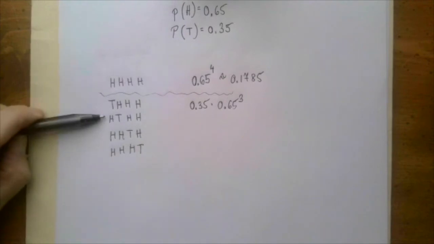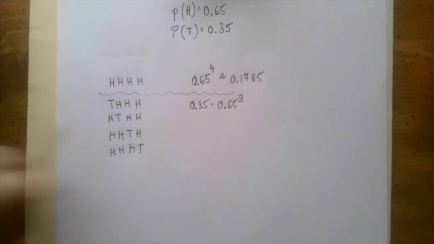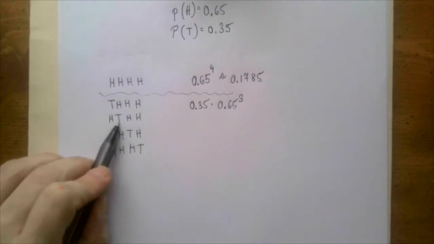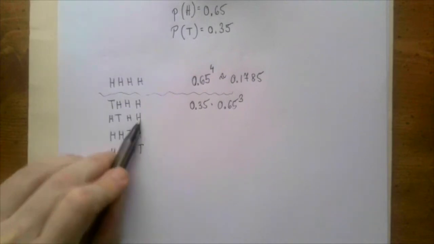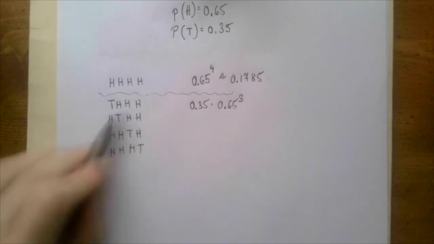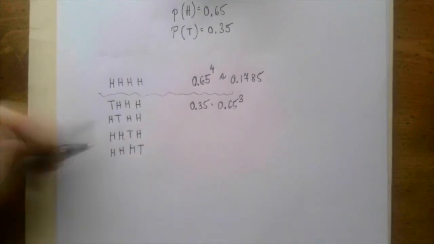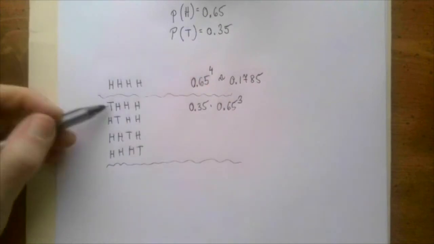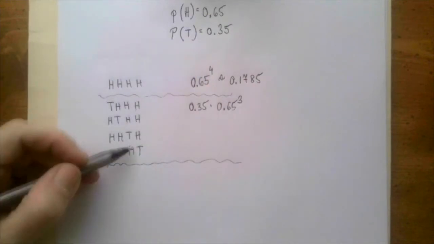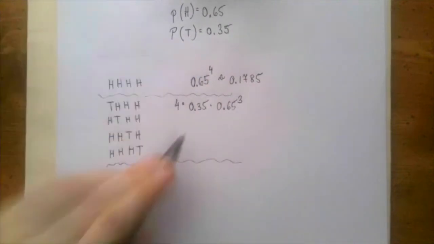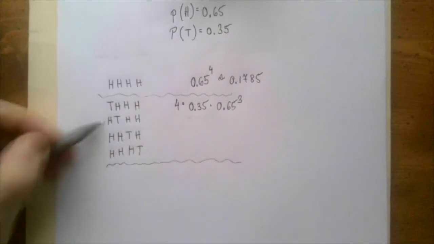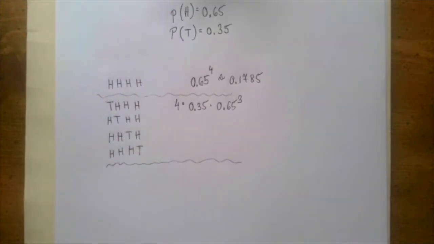Now this other chain, HTHH, the probability here is going to be 0.65 times 0.35 times 0.65 times 0.65. So it's just a rearrangement of this product, which means that the probability of getting 3 heads and 1 tail is going to be this probability times 4, because each of these chains has the same probability.